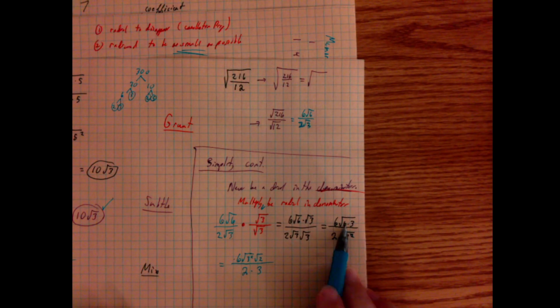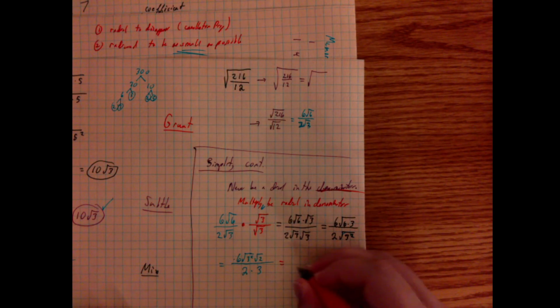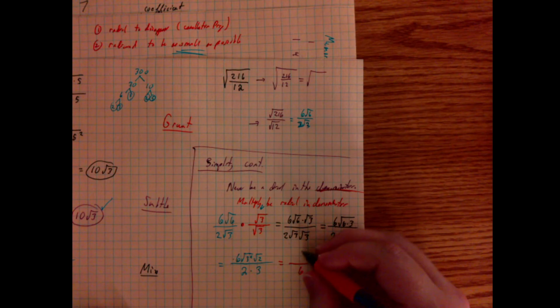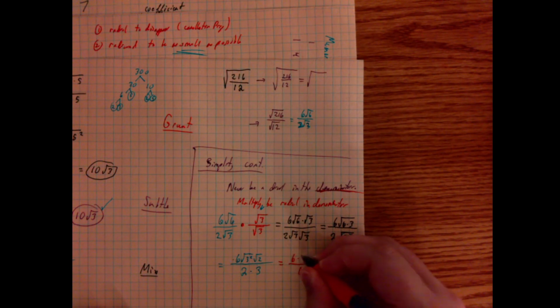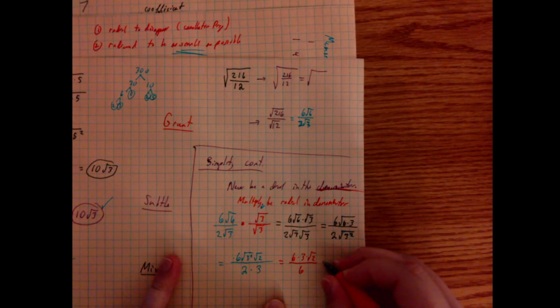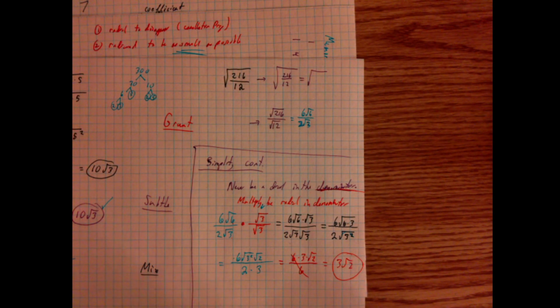The 18 breaks down into 3 squared and 2. And so on bottom, we end up with just 6. On top, we end up with 6 times 3 times the square root of 2, and the 6 and the 6 can cancel, leaving 3 square root 2. That's much nicer to deal with.